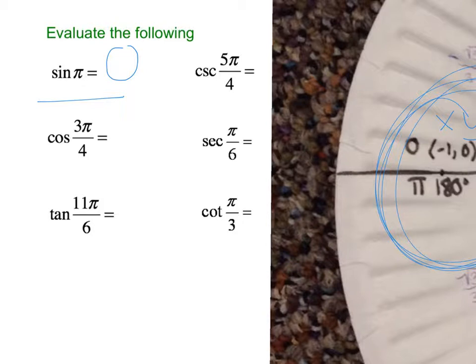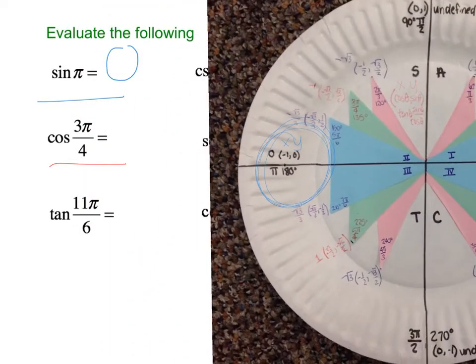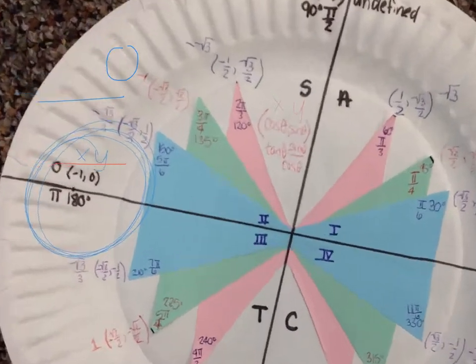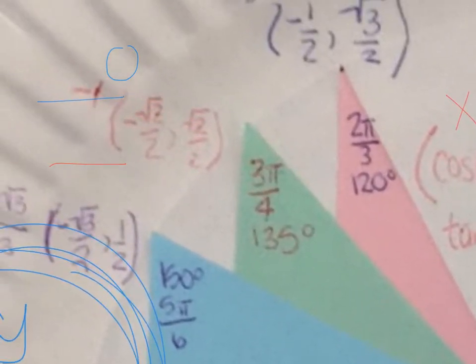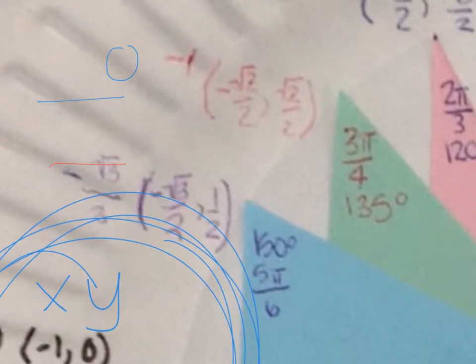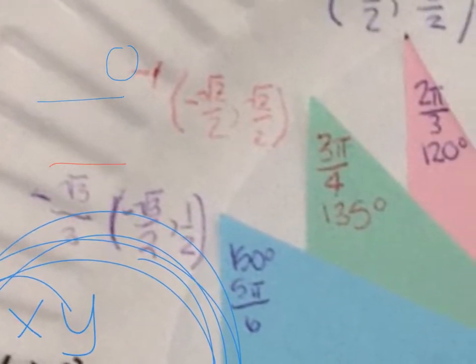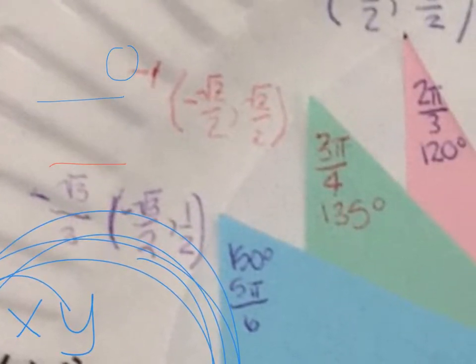The next one asks, what is cosine of 3 pi over 4? So it wants to know the x value where I'm at 3 pi over 4 on my circle. I'll find 3 pi over 4 over here in the second quadrant. Cosine, so I'm going to look for the x value of that.